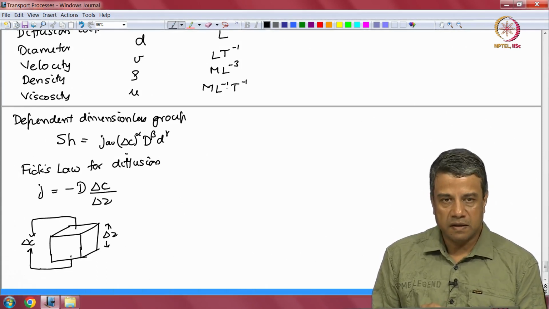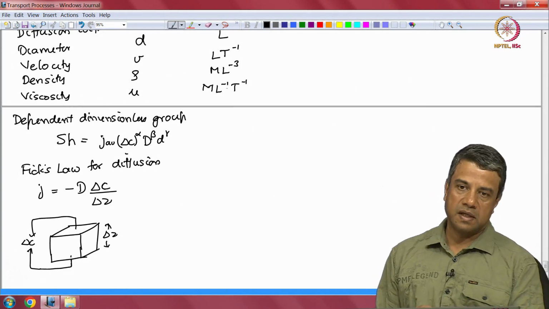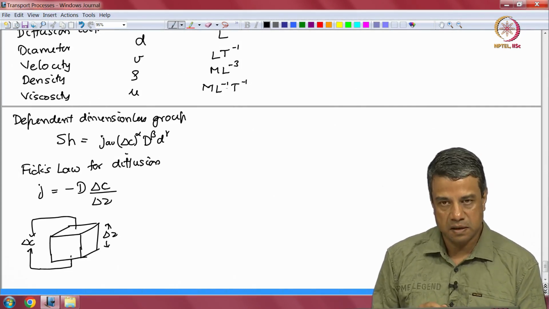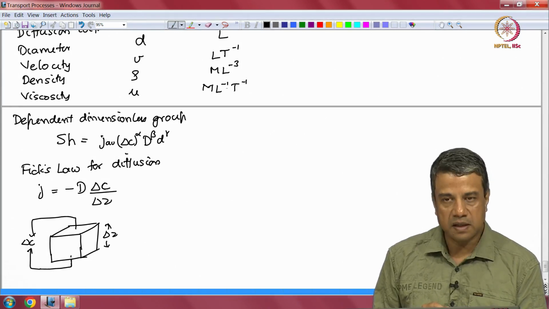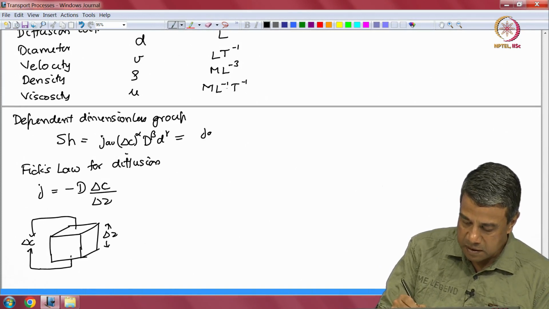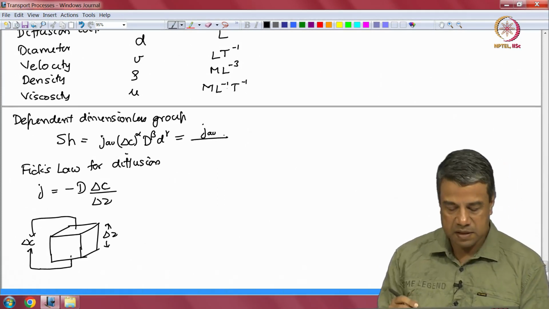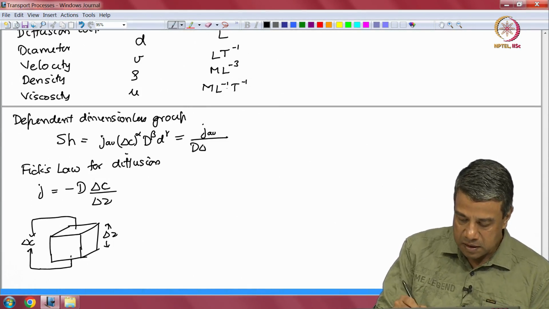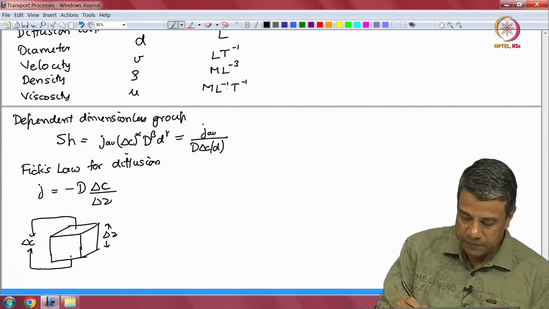However, the left and the right side of this equation have to have the same dimension because they have to be dimensionally consistent. So, therefore, I can get a dimensionless group by scaling the flux by a quantity which has the same dimension as the right hand side, which is d delta C by d.